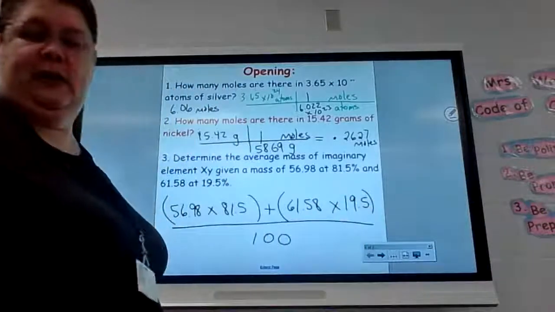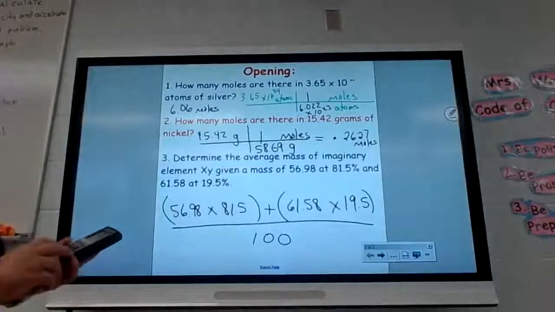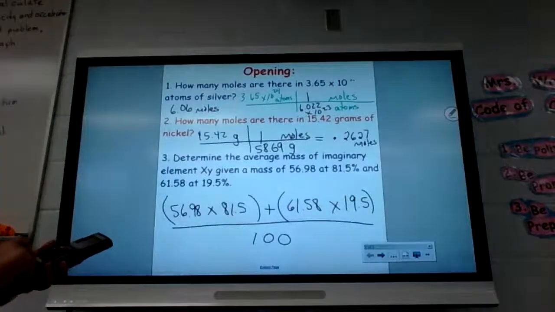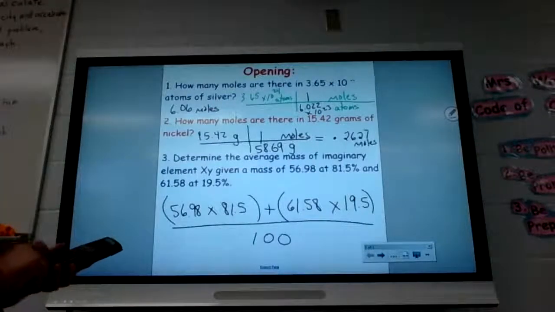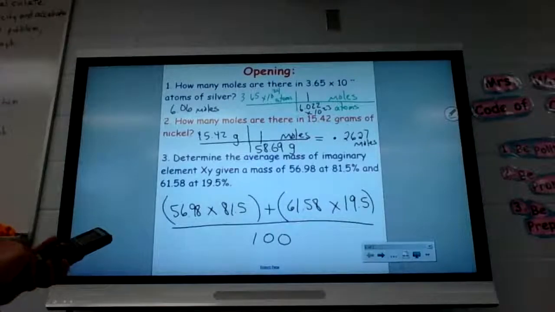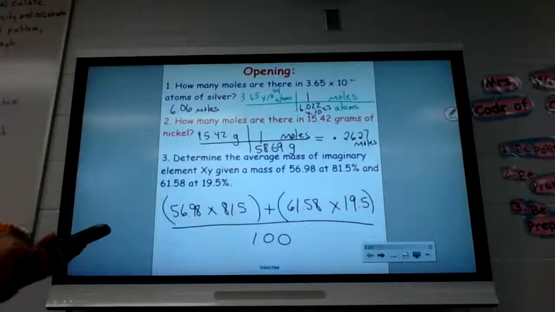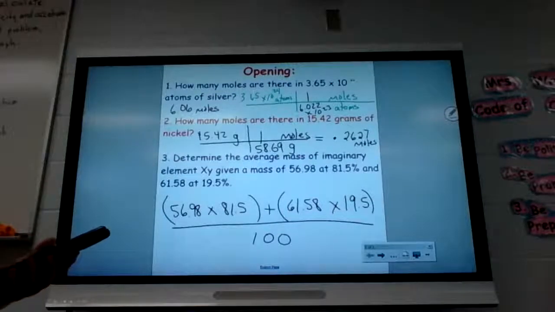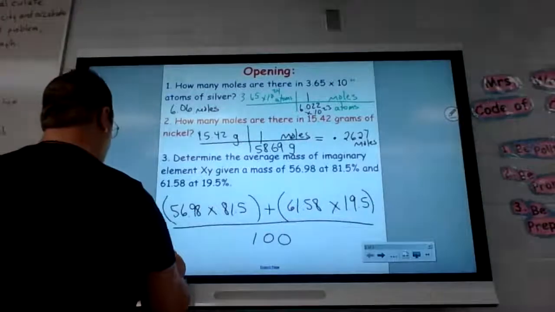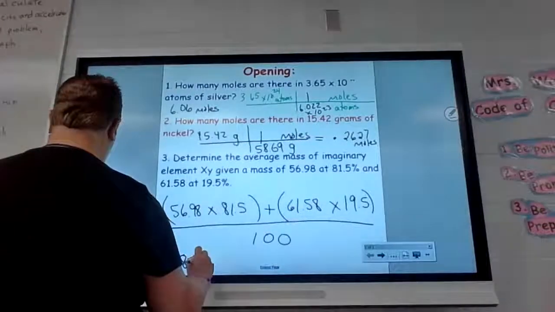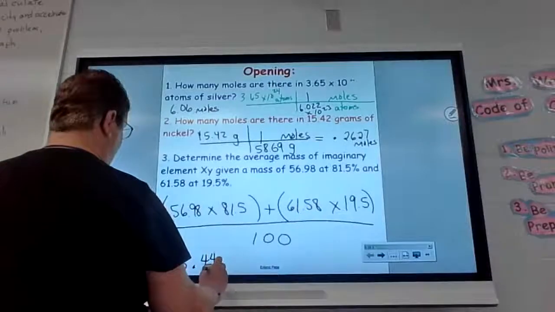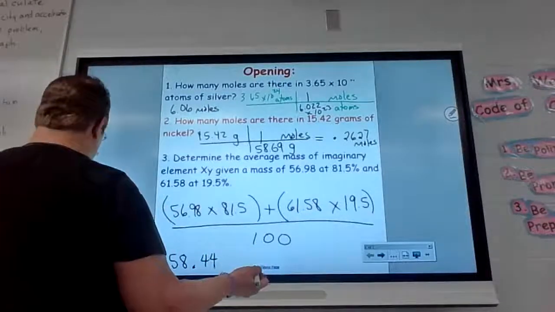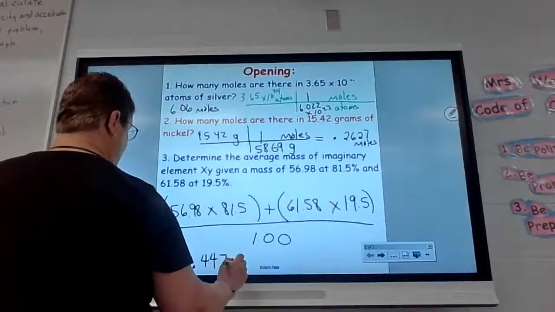All right, and the mass of element XY will be 58.44. If you just chop it off it's a 6, but I'm going to round it up and make it a 7.